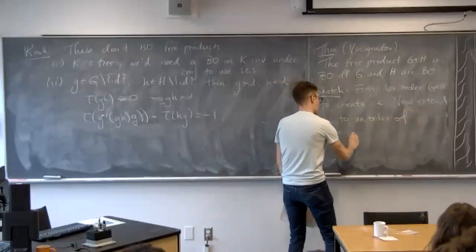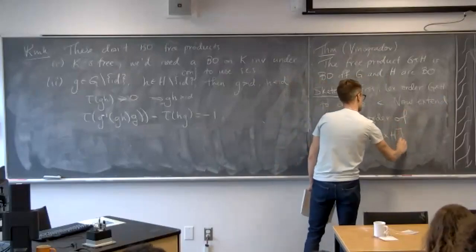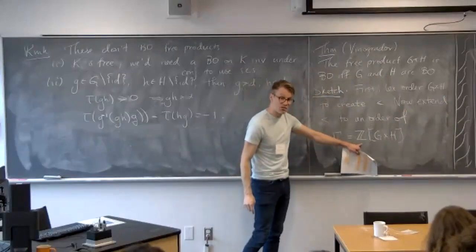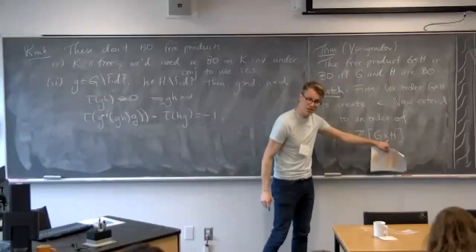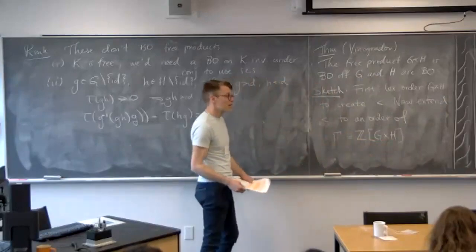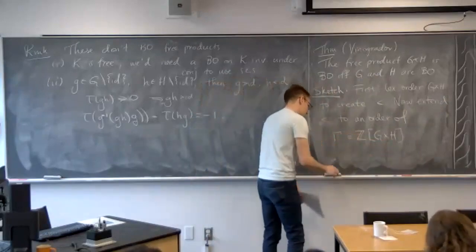I'll call it capital Gamma. It's the integer group ring of the direct product. So things in here are finite formal sums with integer coefficients of things from here, right? So basically polynomials, you can think of them. And I want to tell you how to extend this to an order of this.